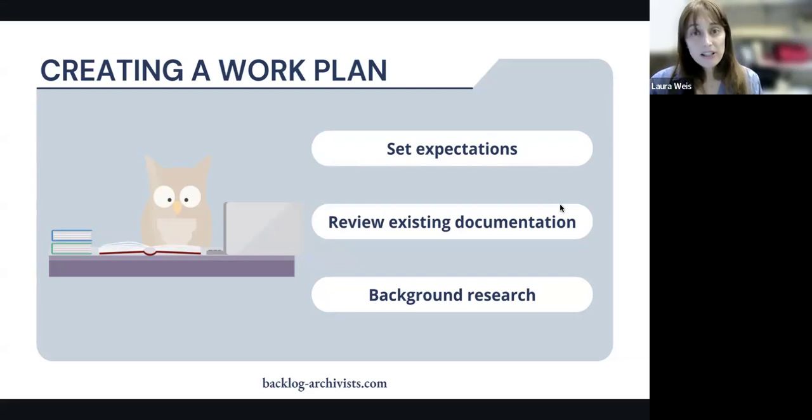Was the inventory created by the donor, or did an archivist create it upon accession? Has somebody already surveyed this collection in the past? Did they take notes on it? You're trying to get a sense of how much a particular processing project has already had done with it or not. The existence of an inventory, for example, might impact how you budget your time going forward.